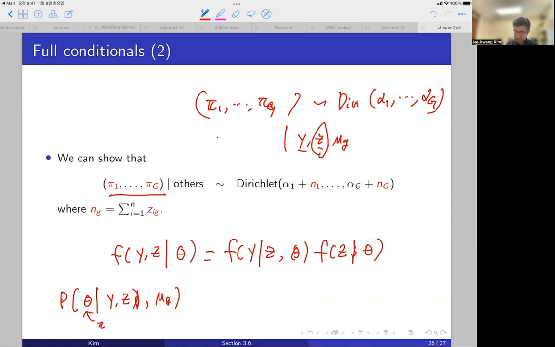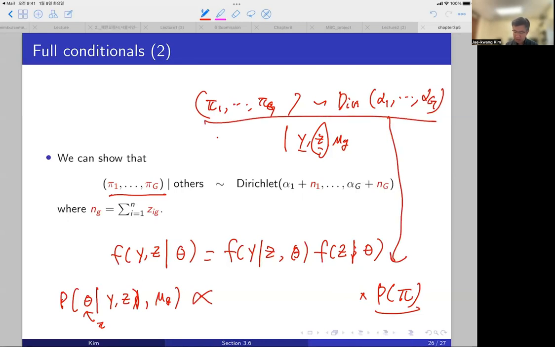So basically here we have a prior of pi, which is a Dirichlet, right? Which is this one. And then this guy here. Okay. Now let's investigate what this is.